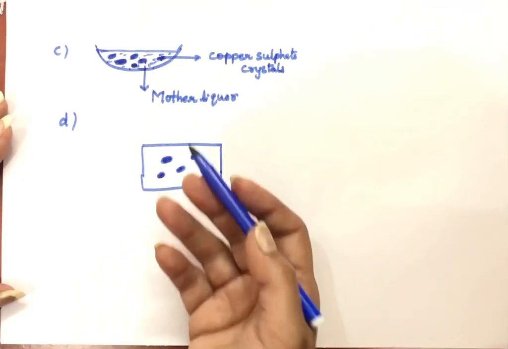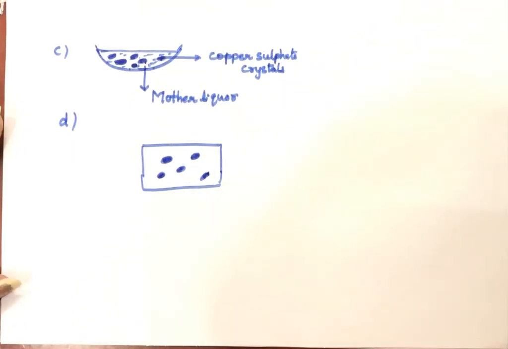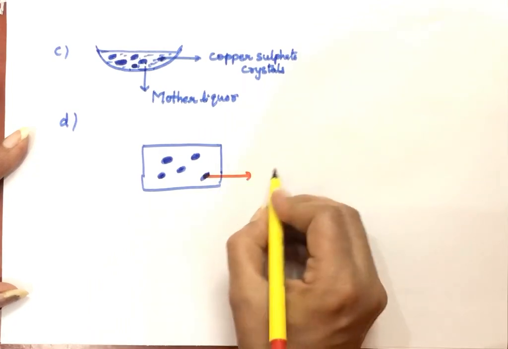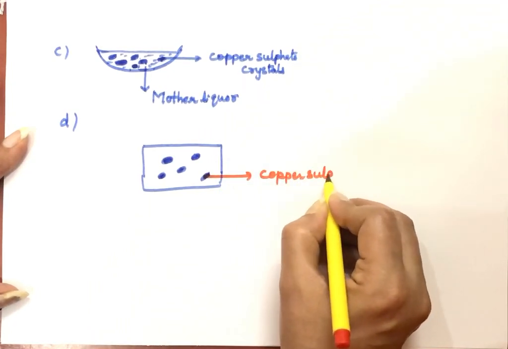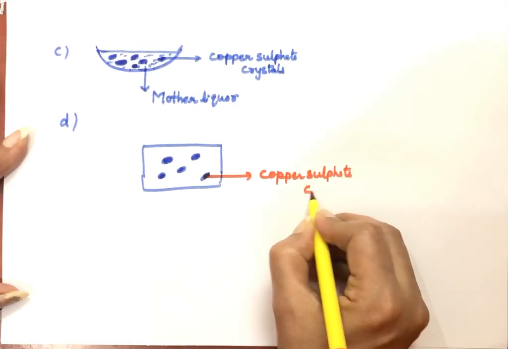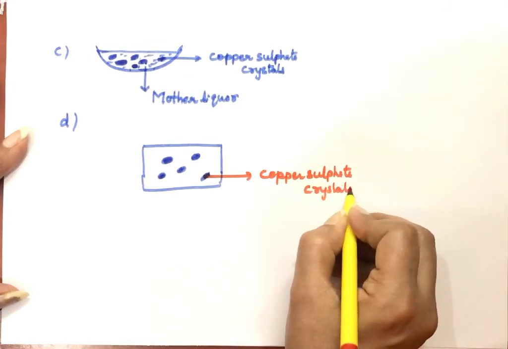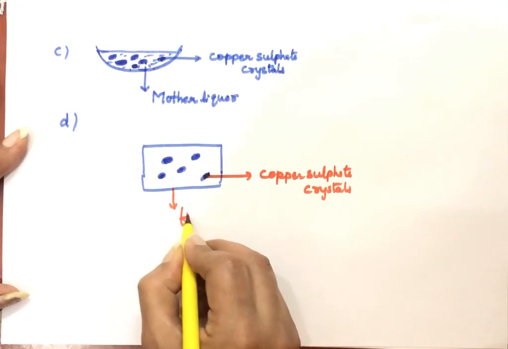Filter paper will absorb all of the water from it. So these are the copper sulfate crystals that we will get, and this is the filter paper.